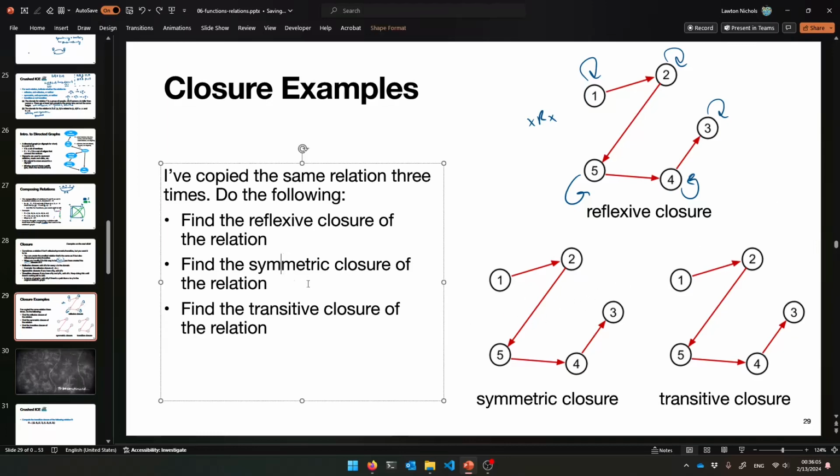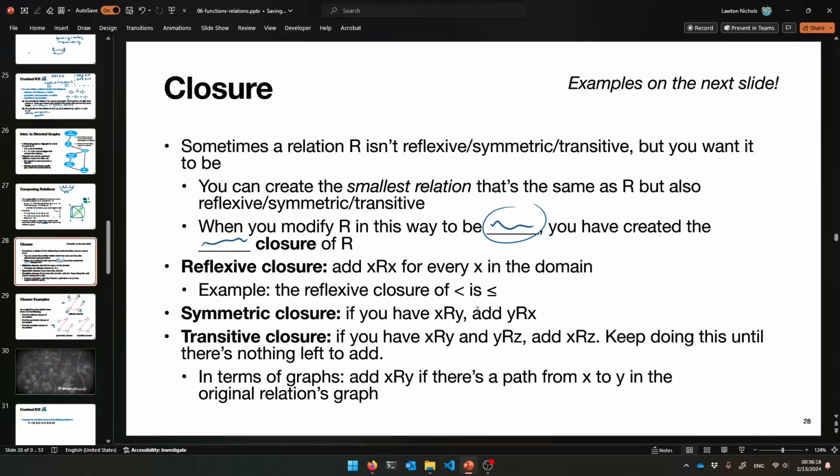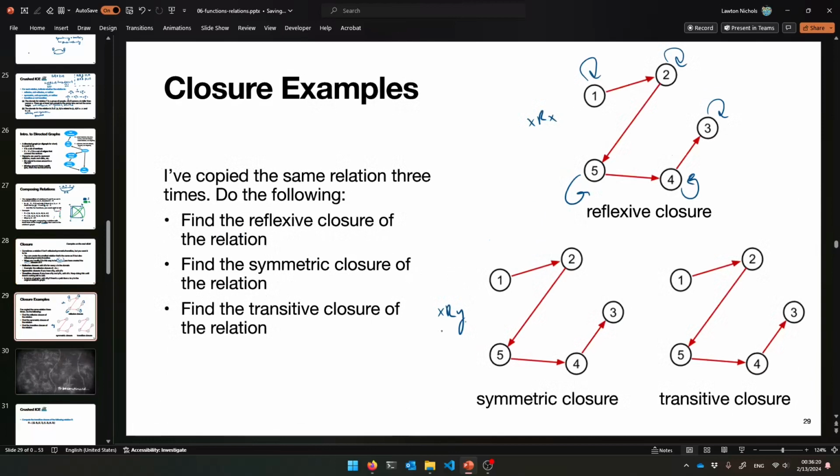Likewise, the symmetric closure of a relation: if I have x related to y in my original relation, I better add y related to x if it's not there. I better be able to go the other direction. So if I have this arrow from 1 to 2, I better also have an arrow from 2 to 1.